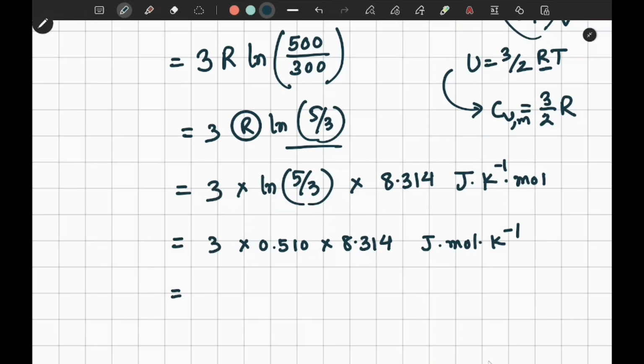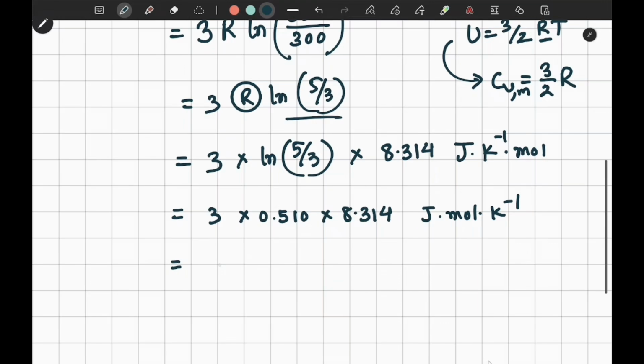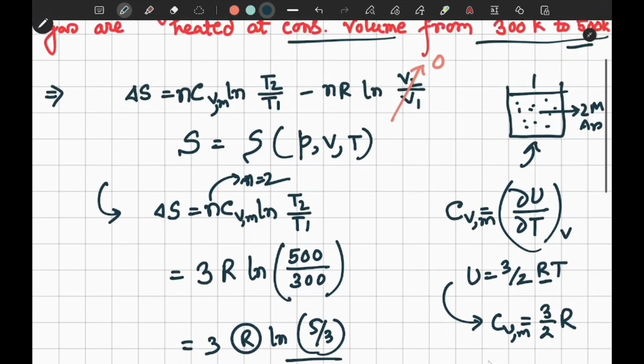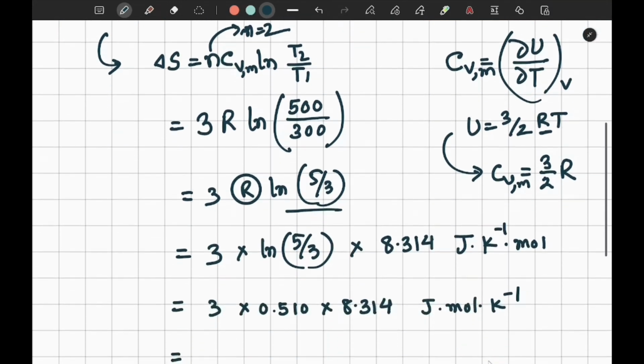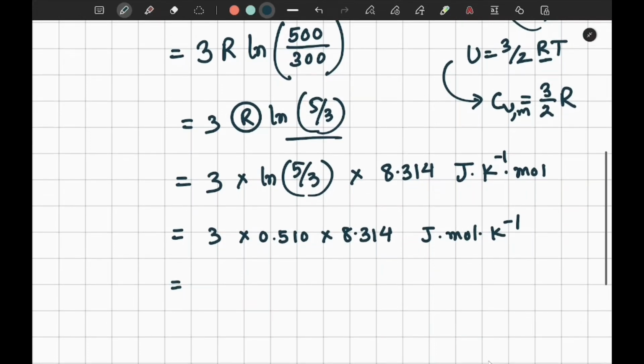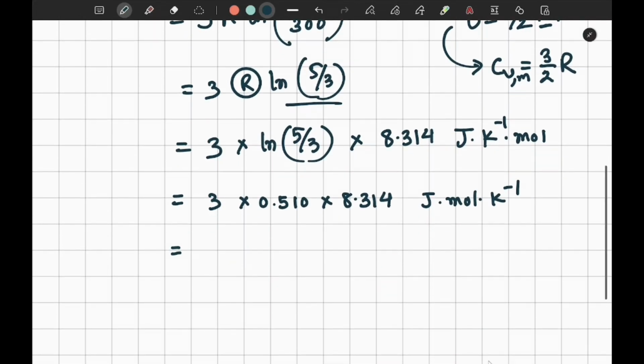Okay. So then the answer should be, yes. So what will be the answer? NR ln 9 by 2, 1, everything is perfect. Okay. Log 5 by 3 is also okay.